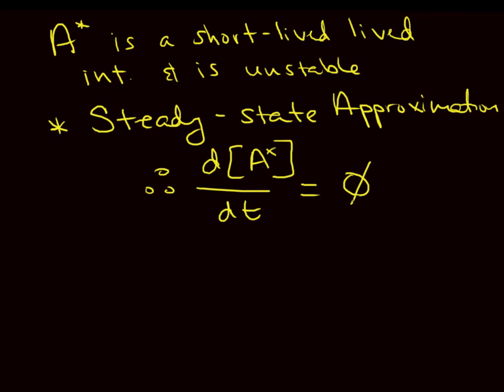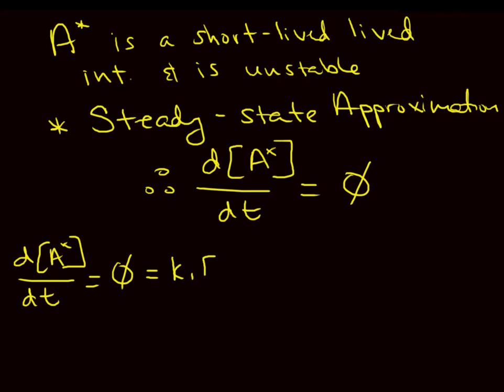And so right now what we need to do is merge our rate equation with this general assumption for a change in the concentration of A star being equal to 0. And so we're going to set up our equation and link everything together.